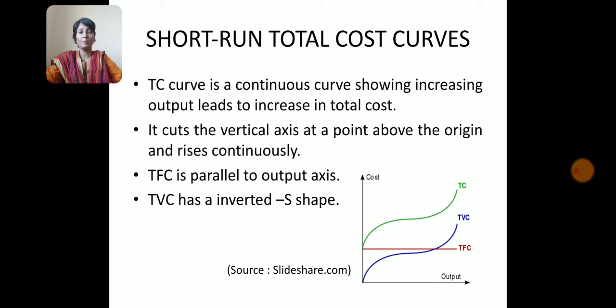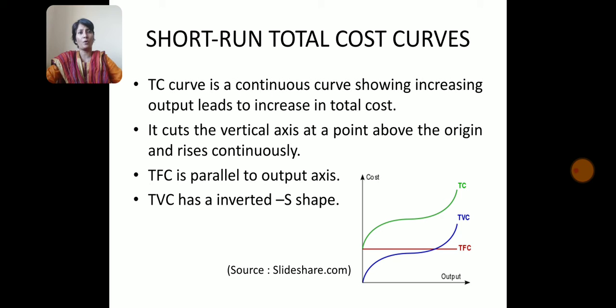The total variable cost, that is TVC, has an inverted S shape and starts from the origin O because when output is 0, the TVCs are also 0. They increase as the output increases. So long as the firm is using less variable factors in proportion to the fixed factors, the total variable cost rise at a diminishing rate.